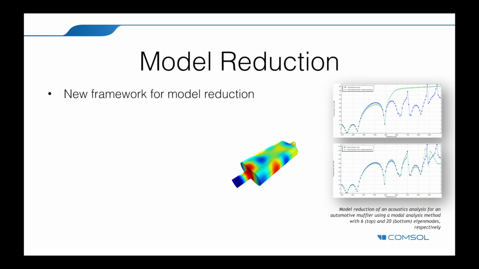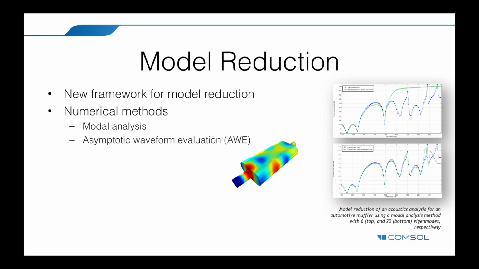We now have a new framework for model reduction. We are planning to use this in the future for a variety of purposes. So this is the first step in implementing model reduction using a number of different numerical methods. In this release, we have two methods, modal analysis and asymptotic waveform evaluation.